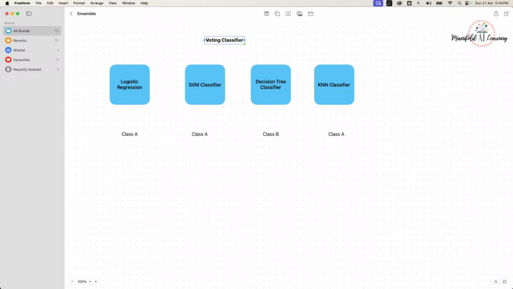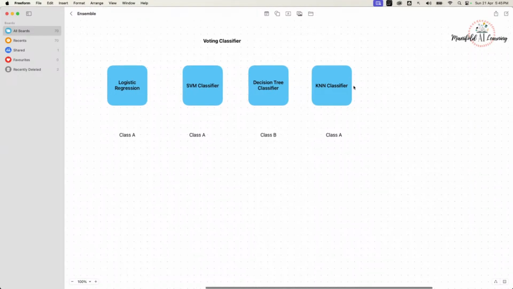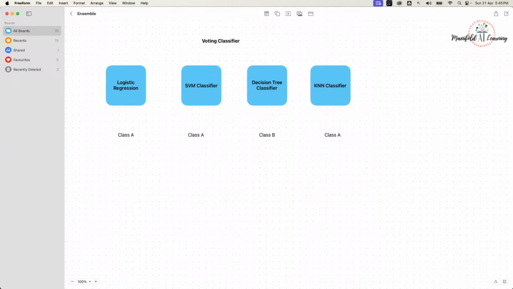So in the voting classifier, you have multiple models, and the prediction with the maximum number of votes is the overall output of the combined model.